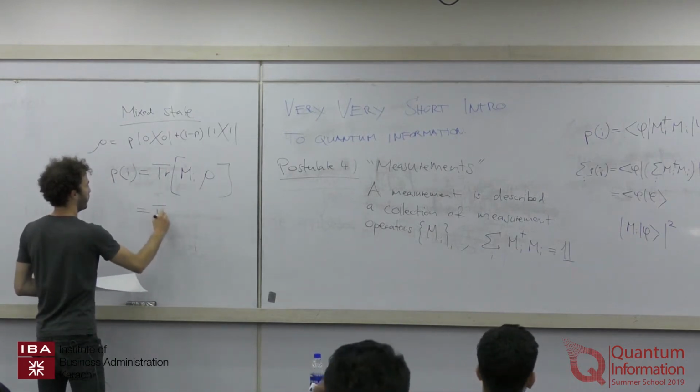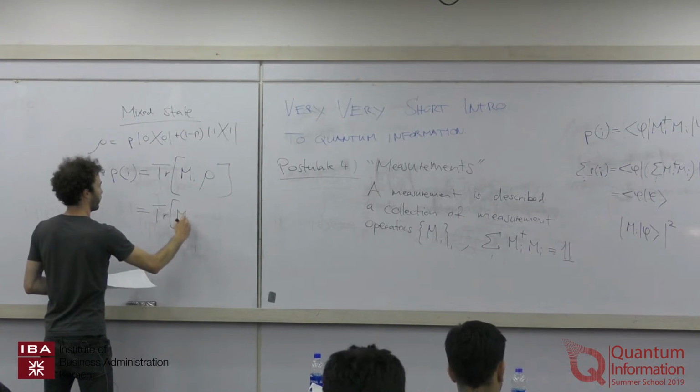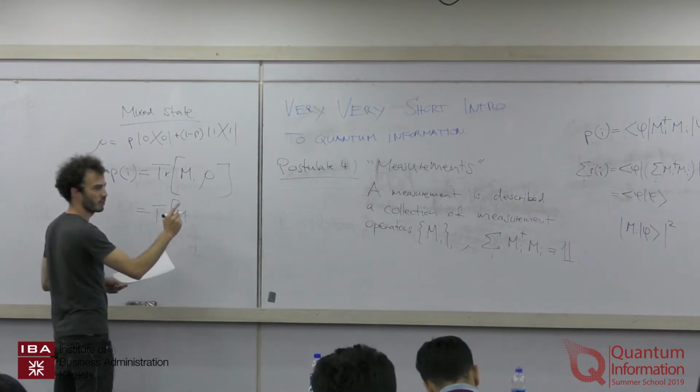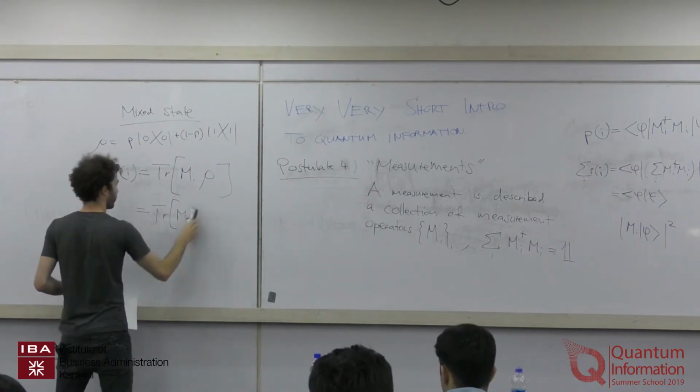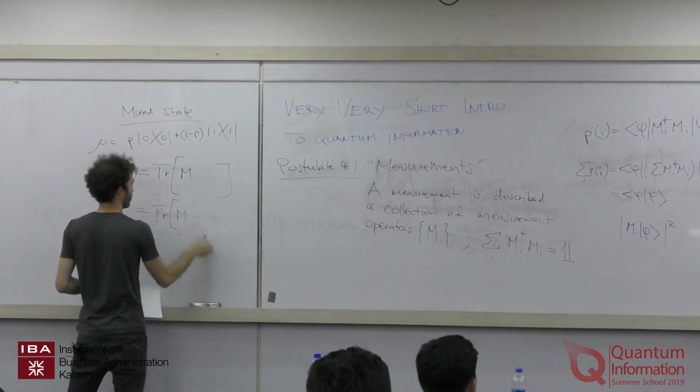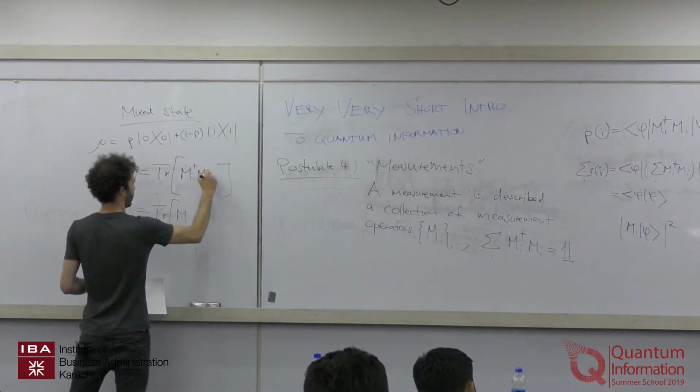Like if rho is a pure state, then we have, yeah, M dagger M, yes. Thanks.